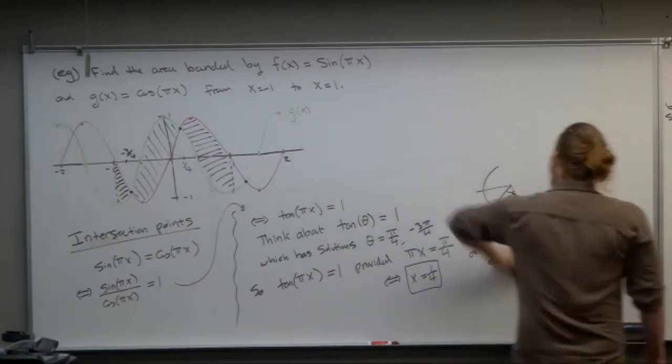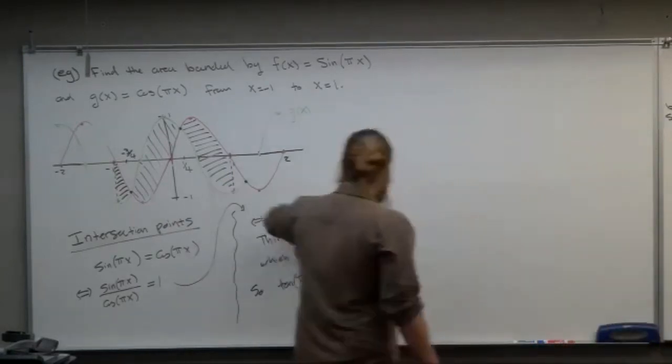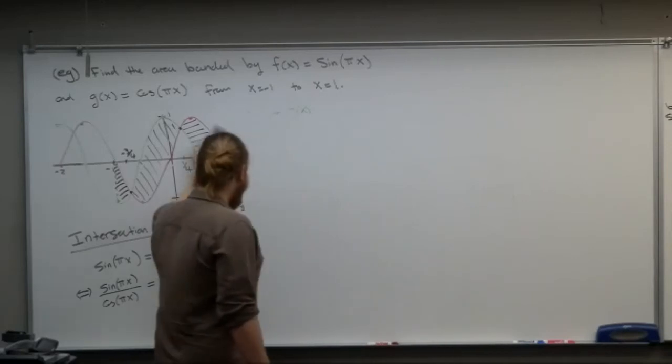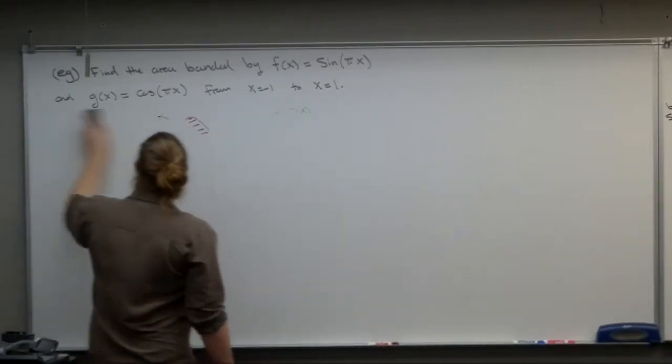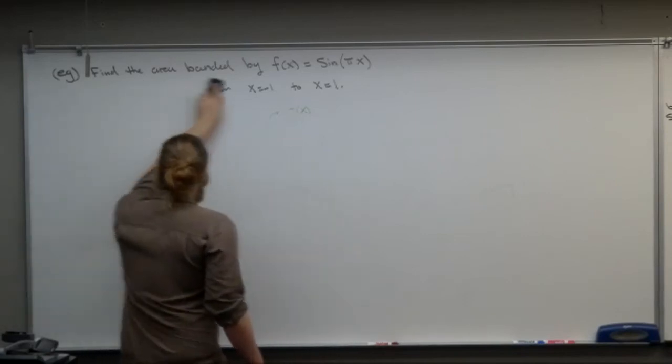So the other way that these things can become more complicated is if your curves are not functions of x, but functions of y, or maybe one could be interpreted both ways.